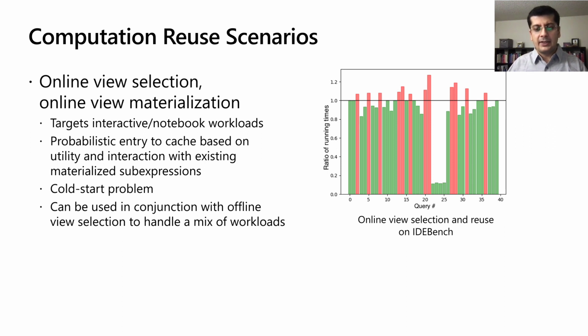We also developed an experimental prototype to target non-recurring or interactive workloads. For the interactive workload scenario, we designed an online view selection algorithm that can select and evict sub-expressions based on the evolving workloads. The details of online view selection are in the full paper.